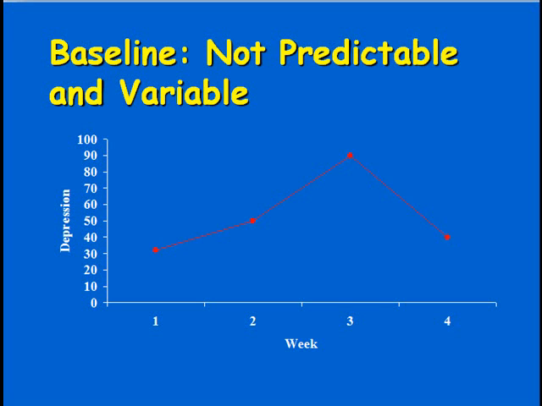So in this type of situation, you would maybe consider, okay, do all my baseline measures look like this? If they do, then you may want to ask your clients, what's going on in week 3? Was there something particular going on?